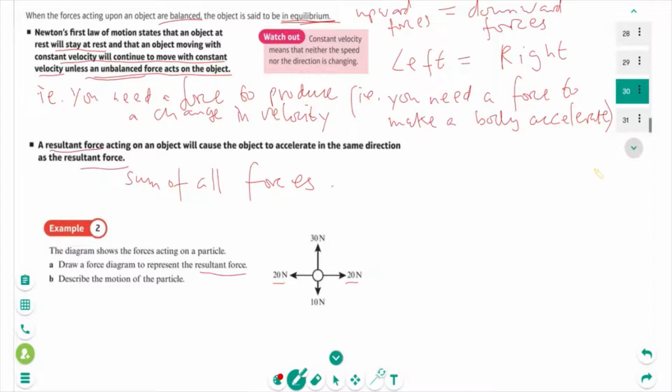You've got 30 newtons acting upwards and 10 newtons acting downwards. 30 take away 10 is 20, so the resultant force is 20 newtons upwards. This is the resultant force.